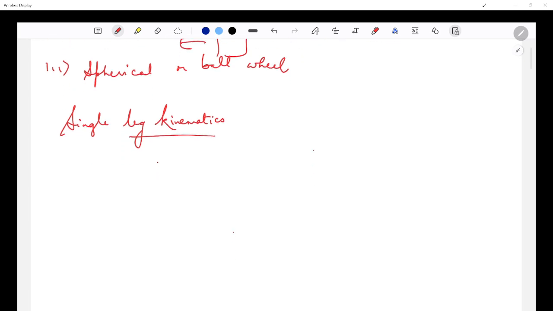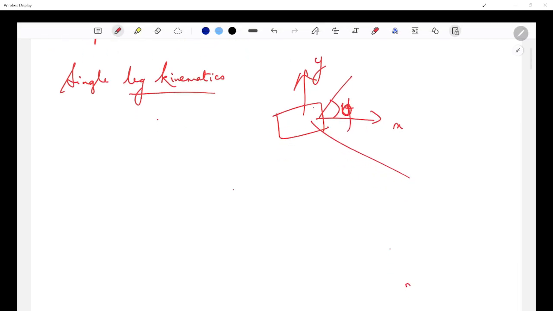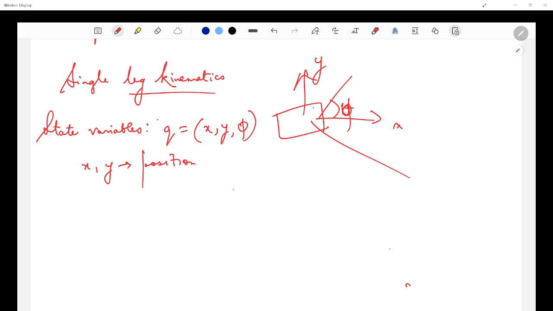Yeah. So let's consider the state variables. There is a mobile robot, it can move in X direction, it can move in Y direction, and then it can orient itself. Let's denote it by phi. Okay. So what are the state variables? X, Y, and phi. Where XY is the position and phi is the steering angle.